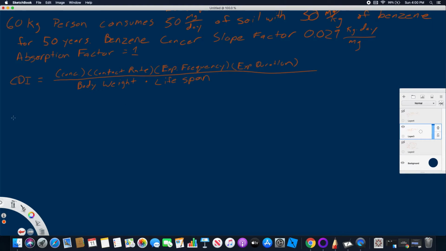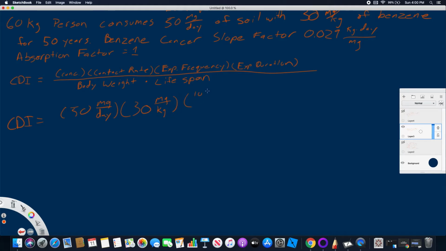Let me just check my time. Wow, 15 minutes already. If we look at this, we have 50 milligrams per day of exposure. We have 30 milligrams per kilogram of contamination in the soil.